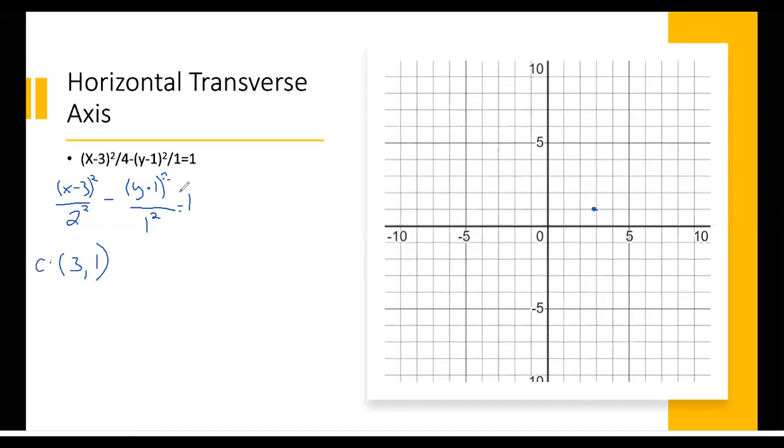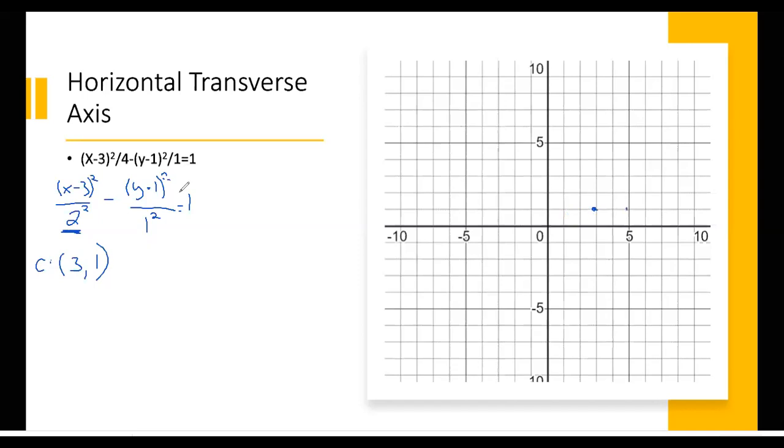Now our vertices. Because our x is in front, we move whatever the square root of the denominator under our x value is from our center to get to our vertices. What does that mean? That means this 2: I'm going to move 2 in the x direction to one vertex and 2 to the other.